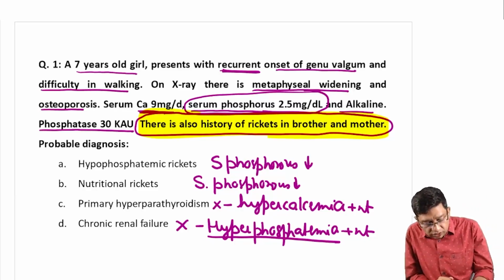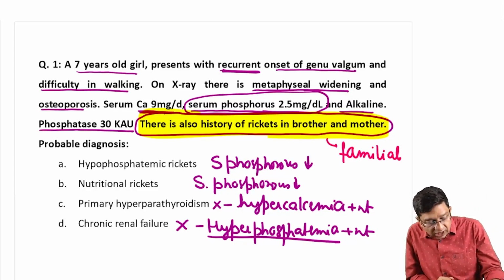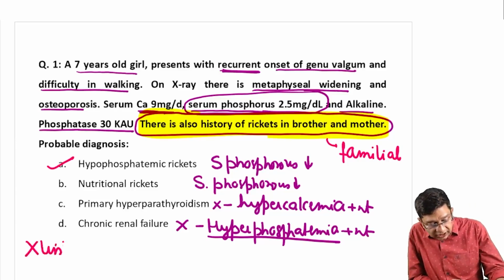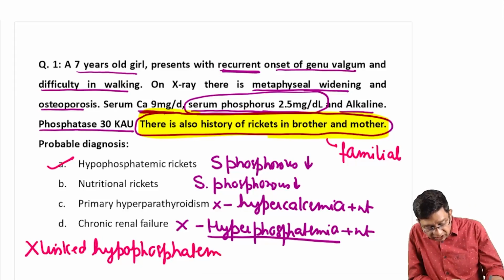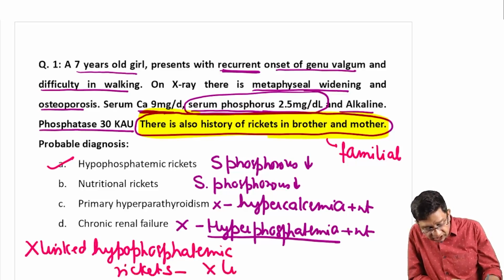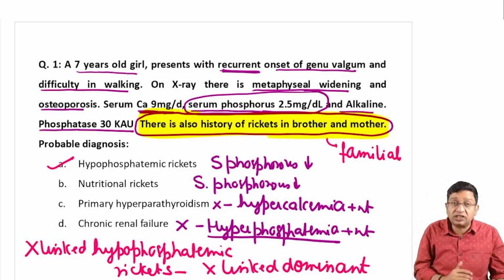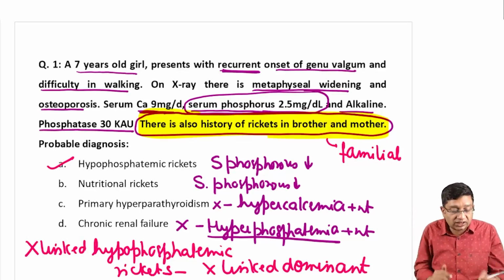And if it is more on the familial side, then you should choose the answer as hypophosphatemic rickets, which is actually X-linked hypophosphatemic rickets, and it is an X-linked dominant condition. That's why the mother is having it, the brother is having it, maybe the sister is also having it, as is given here.